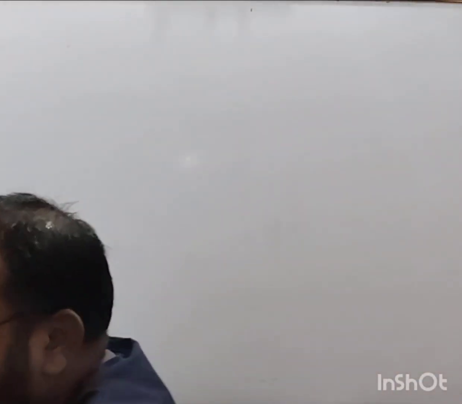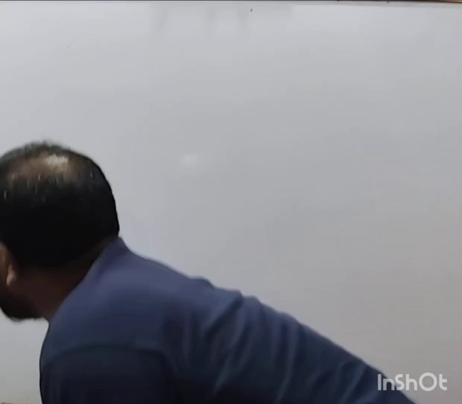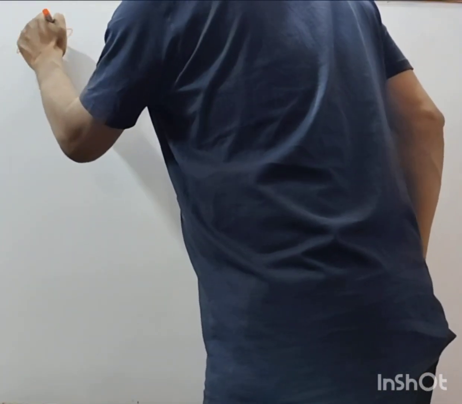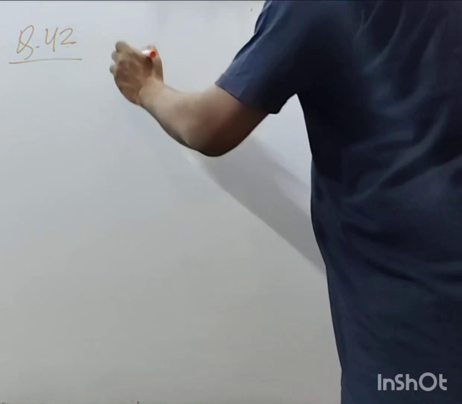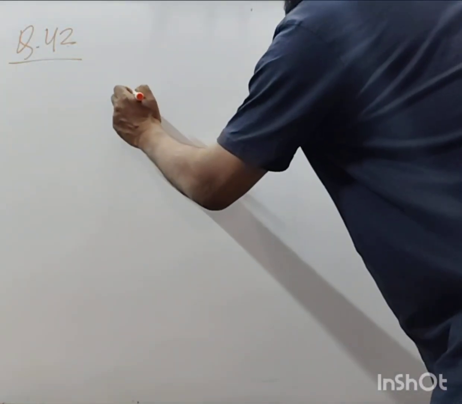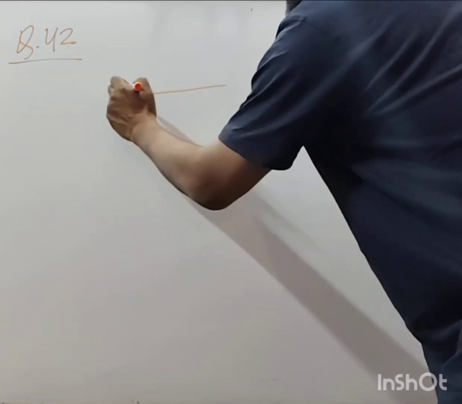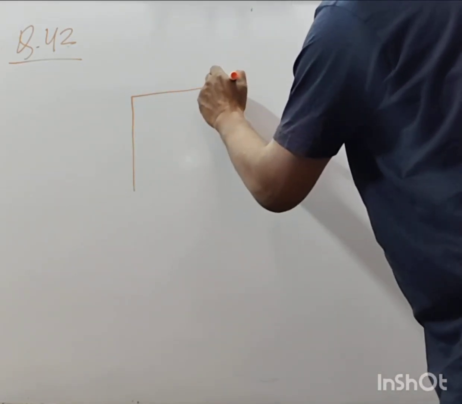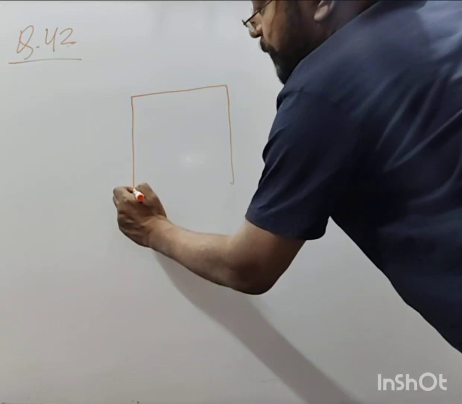There is a rectangle. This is question number 42, right? There is a rectangle ABCD.